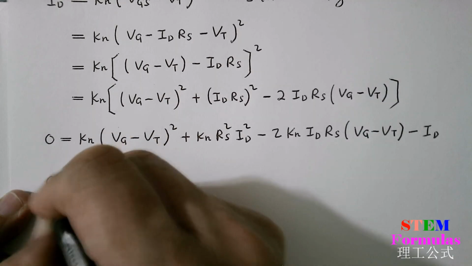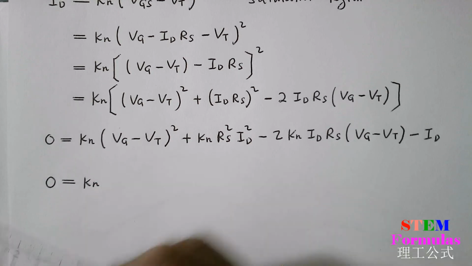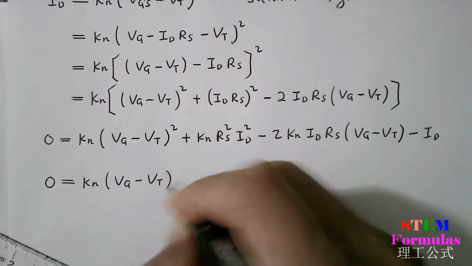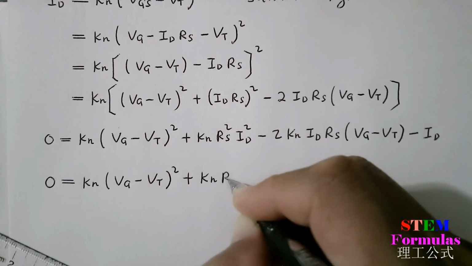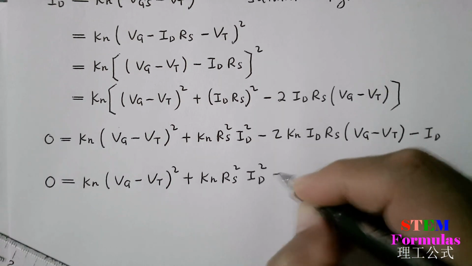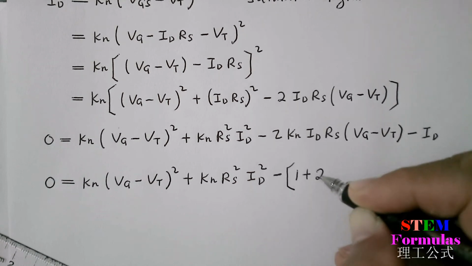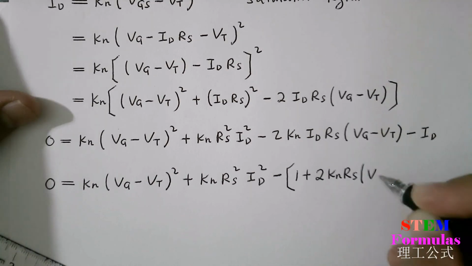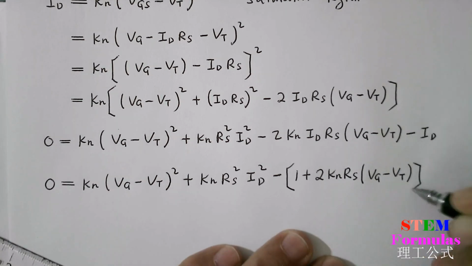So I write down 0 equal to Kn times VG minus VT bracket squared, plus Kn RS squared ID squared, minus the square bracket 1 plus 2 times Kn RS VG minus VT, bracket, then this ID.